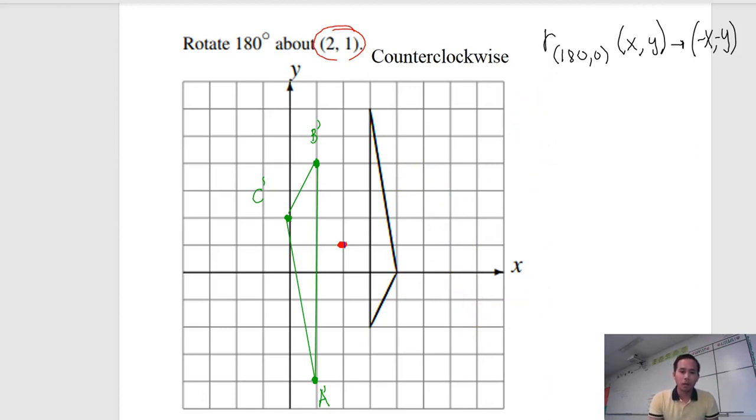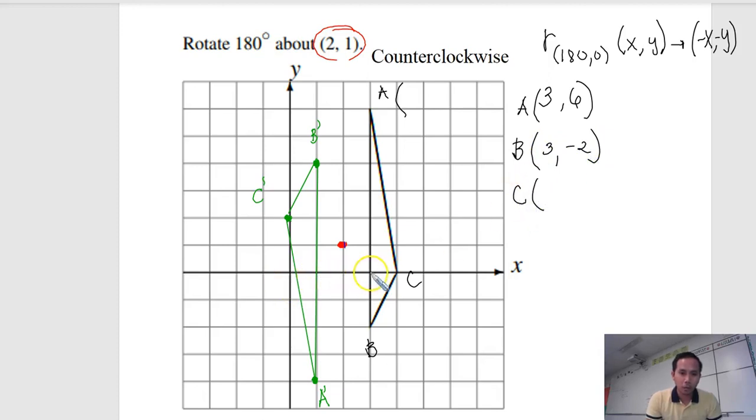So this is A, this is B, and this is C. Your A is (3, 6). Your B will be (3, -2). And then our C is (4, 0).